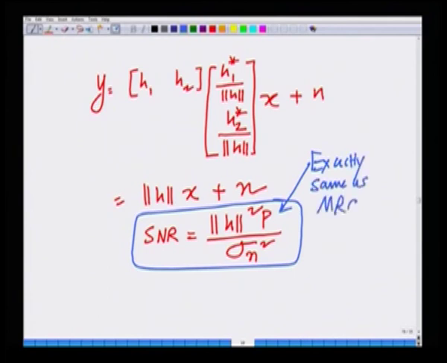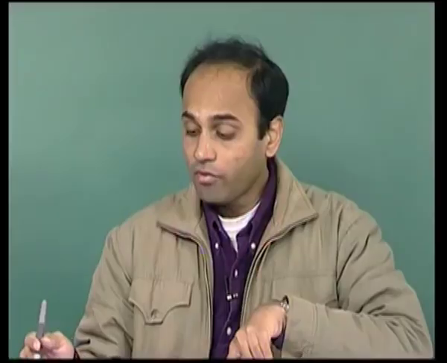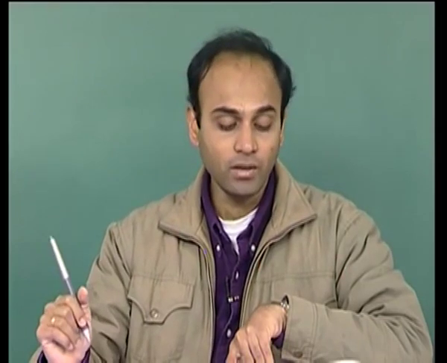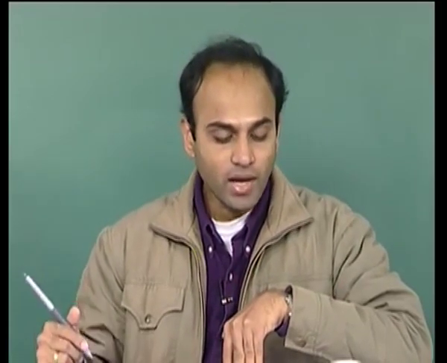exactly as MRC. Hence, what this says is that if you can do this at the transmitter, then it does not matter if you have multiple transmit antennas and a single receive antenna, or multiple receive antennas and a single transmit antenna. You can transmit in such a way that you get the same performance as the maximum ratio combiner, that is diversity order 2 in this case. Now, is that so?